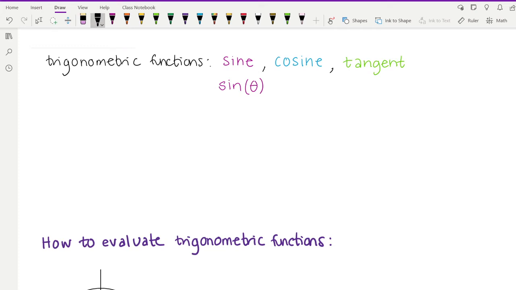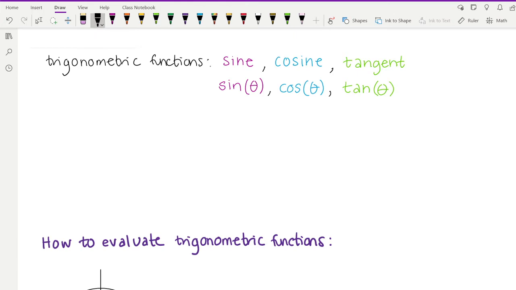So theta there represents an angle. For cosine, we write COS of theta. Cosine is the full name, and the way I would read this out loud is cosine of theta, but we abbreviate it as just COS. And then tangent, as you can probably guess, is abbreviated as TAN theta. You would read that out loud as tangent of theta, but we can abbreviate it as TAN.